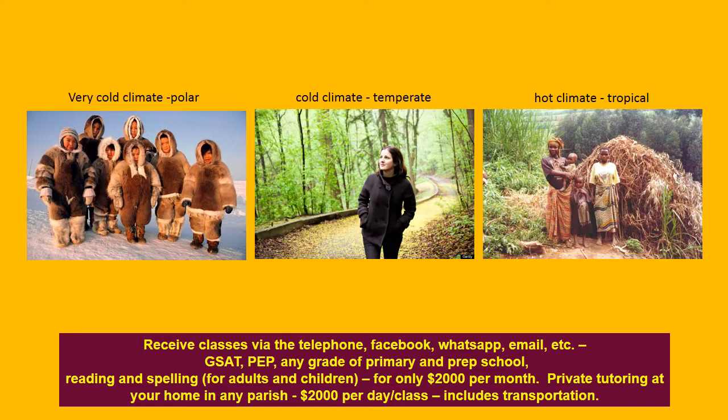Next beside it, the photograph shows how persons are dressed in the tropical climate. This is Africa. These are Africans, and this is how they are dressed. We here in Jamaica are also in the tropical climate, but we do not dress like Africans. But we also wear t-shirts, lots of t-shirts and lots of cool clothes to keep us cool.